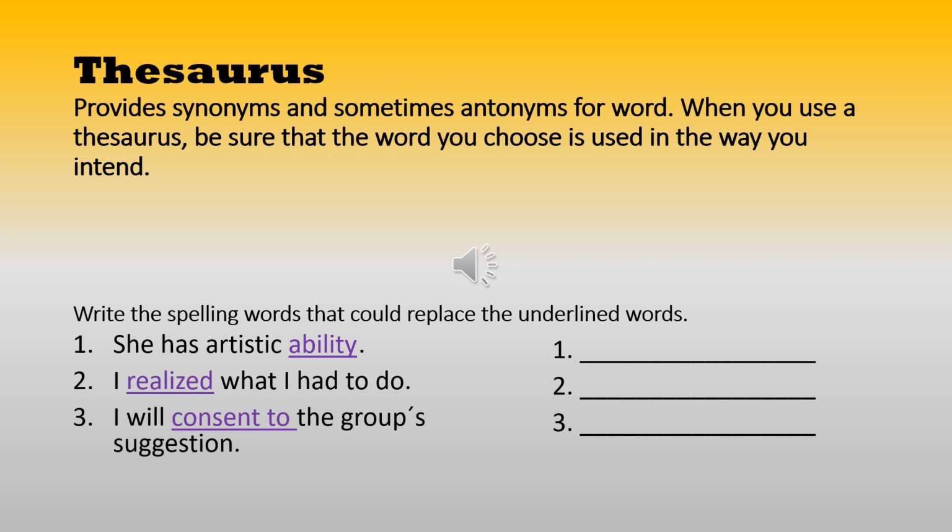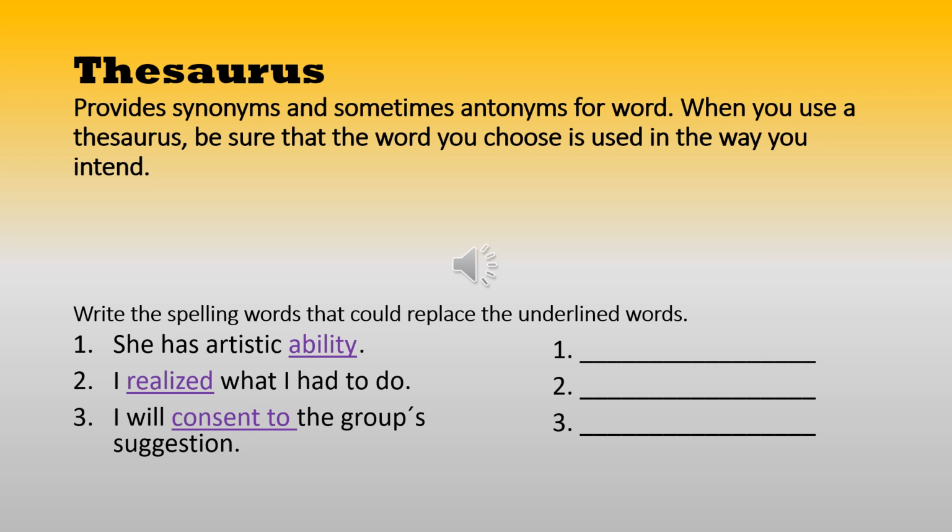Number two, I realize what I have to do. Realize is the word that is underlined. So check your spelling word list and find out another word that has the same meaning as realize. Number three, I will consent to the group's suggestion.